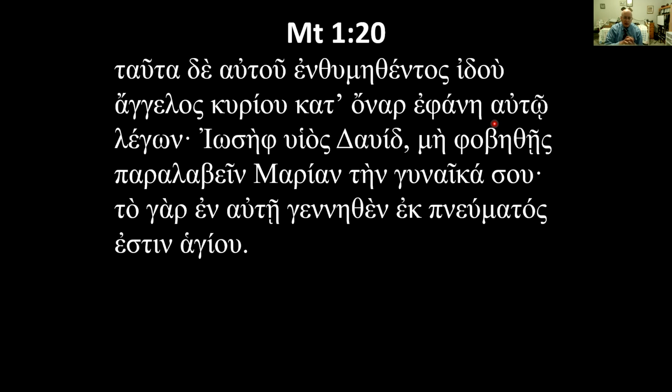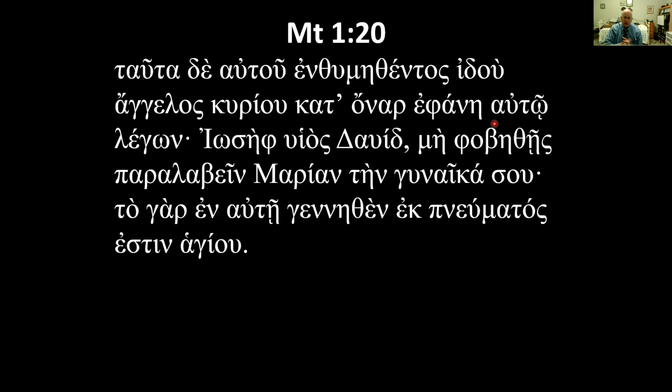The angel is saying, Joseph, son of David, mē phobēthēs, the aorist passive subjunctive, do not fear to take, paralabein, the infinitive, to take Mary, your wife, or as your wife, we would say in English, to take Mary, your wife, for that which has been born in her, or has been conceived in her.